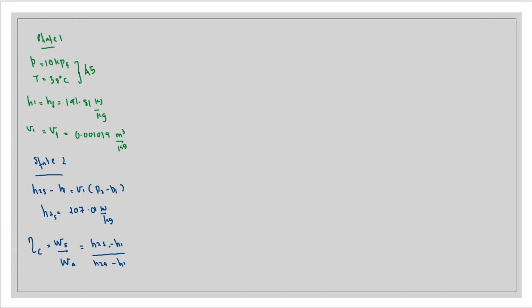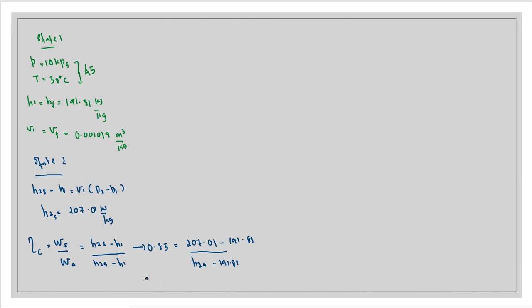And given here, isentropic efficiency is 0.85. Okay, and H2S, 207.01 minus 191.81, that is H1, over H2A minus 191.81.